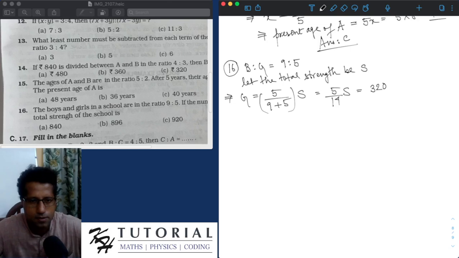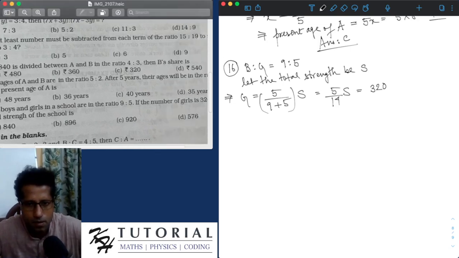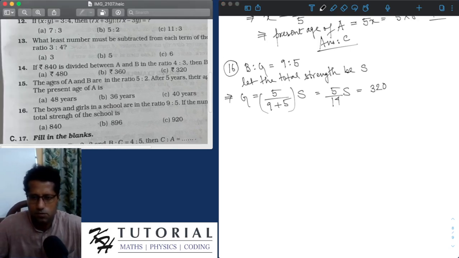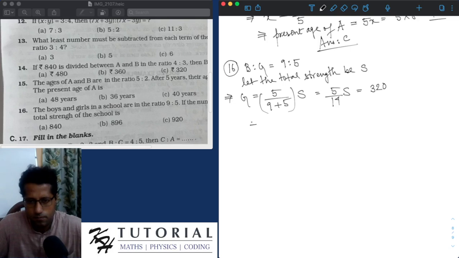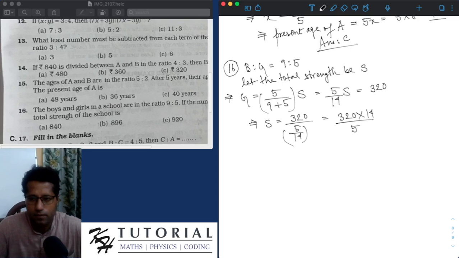because the total number of girls in the school is given to be 320. So we get 5/14 S equals 320. This implies S equals 320 by 5/14, which equals 320 multiplied by 14 by 5.